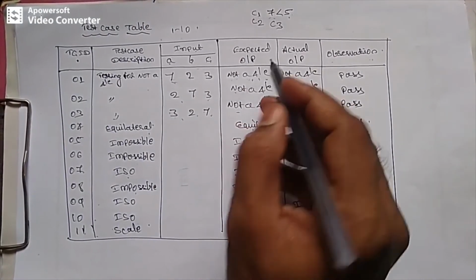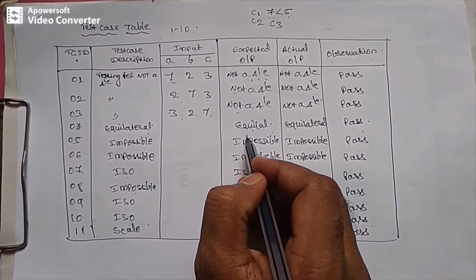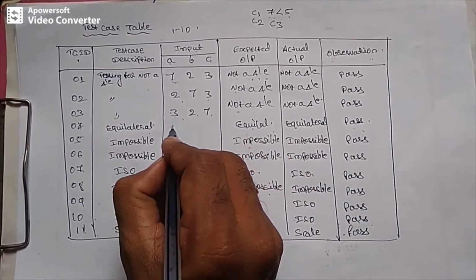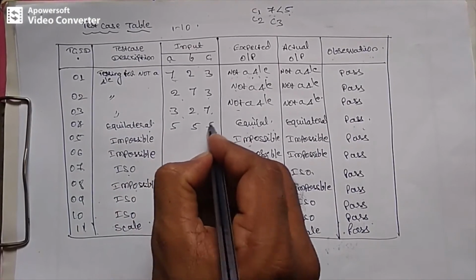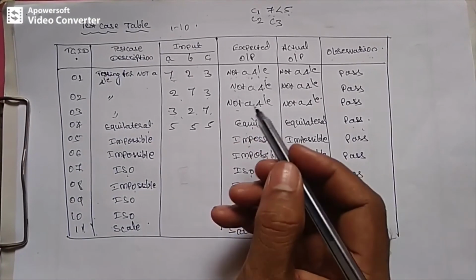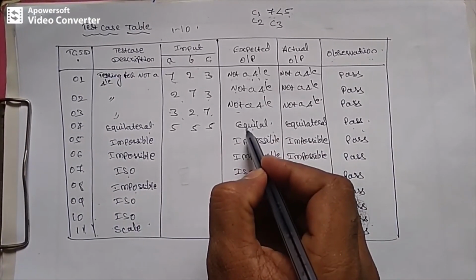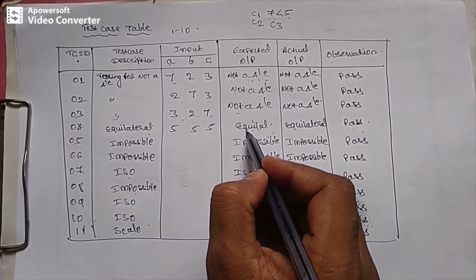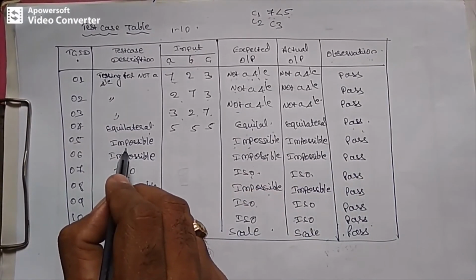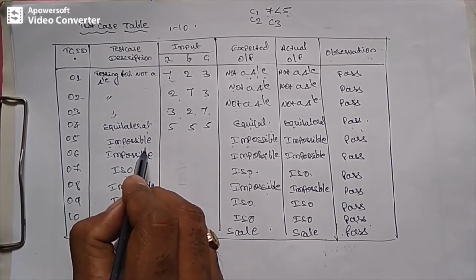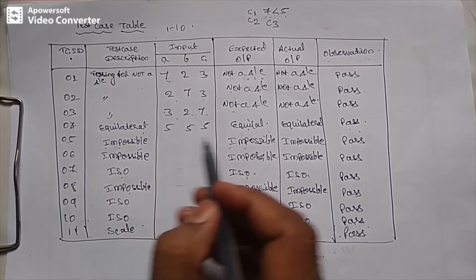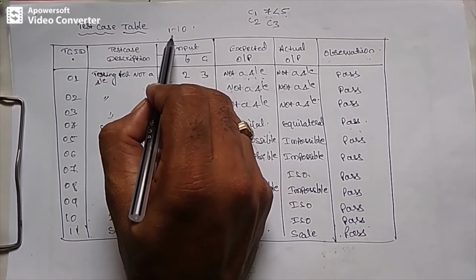Then I need to get the next, equilateral triangle. To get an equilateral triangle, if you specify values 5, 5, 5 or 6, 6, 6 or 7, 7, 7 or 8, 8, 8, then your expected output result will be an equilateral triangle. Now I need to specify values so the impossible test cases are satisfied. For that, I can't go beyond these values.